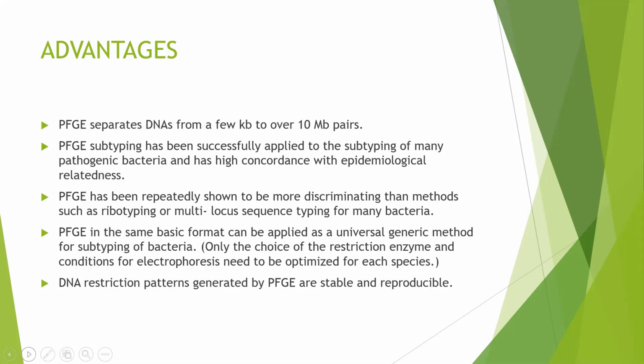It has been repeatedly shown to be more discriminating than methods such as ribotyping or multilocus sequence typing for many bacteria. PFGE in the same basic format can be applied as a universal genetic method for subtyping of bacteria. DNA restriction patterns generated by PFGE are stable and reproducible.